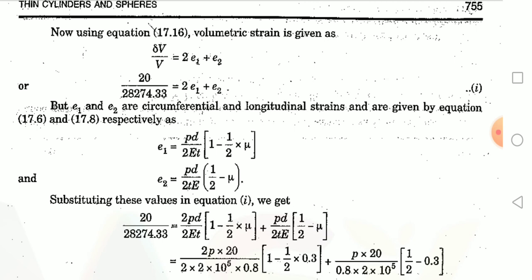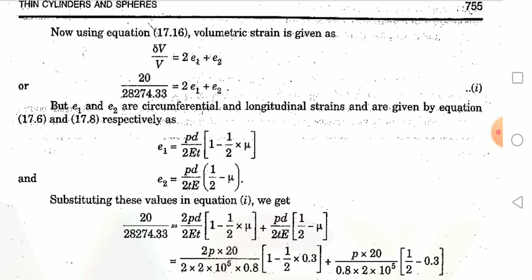So the E1 formula, that is circumferential strain formula, is PD by 2TE into 1 minus half mu. Then the E2 formula is PD by 2TE into half minus mu.